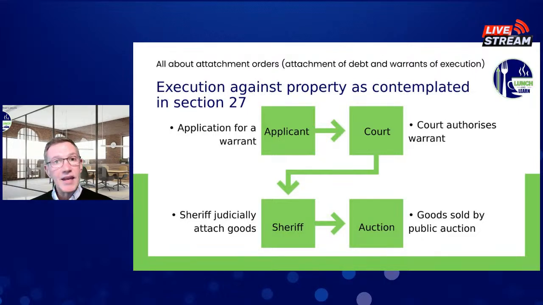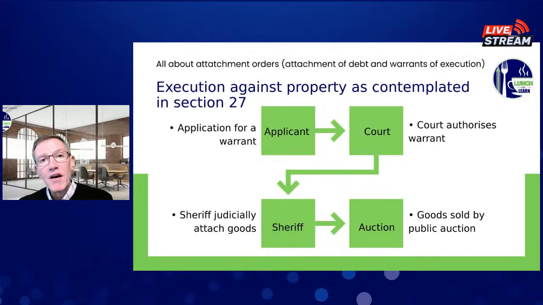But we found that in very few cases the maintenance investigator is used to effect the warrant of execution against property. So the sheriff will definitely become involved. The sheriff would visit the house or the property of the respondent in order to judicially attach some of the goods. Now we'll get to what goods can be attached, what cannot be attached, and so forth in a while. So the sheriff is also involved in this whole process.